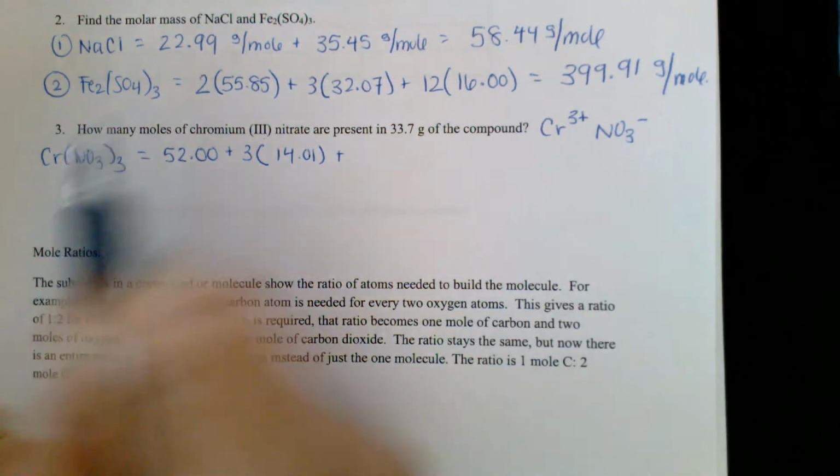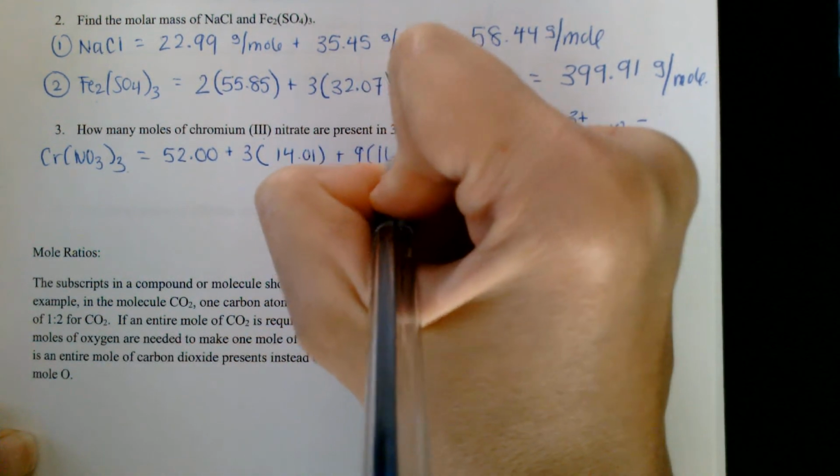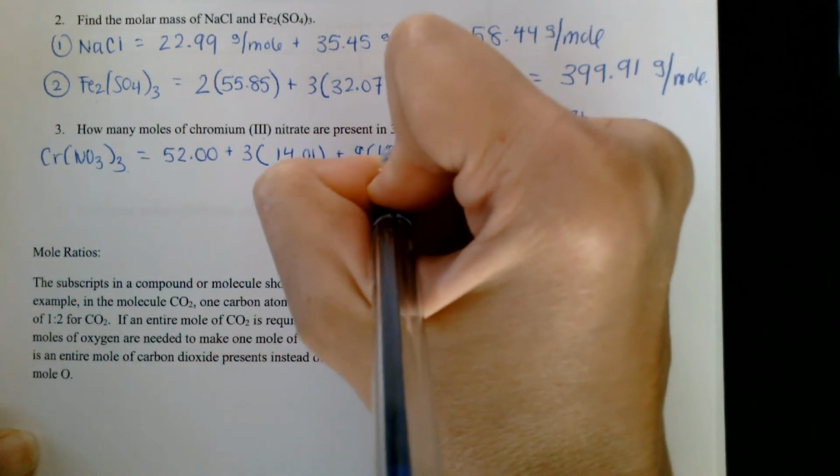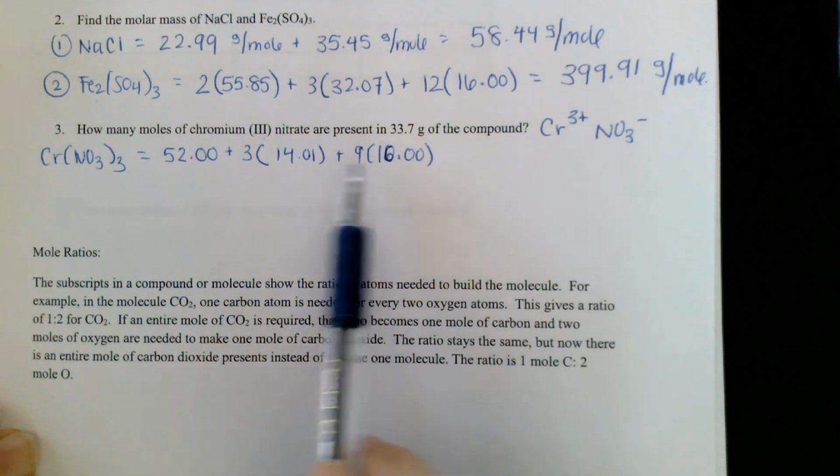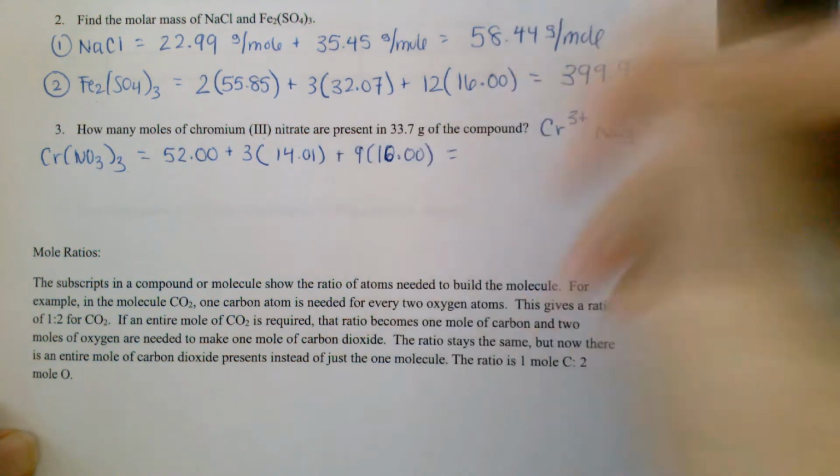And then 3 times 3 gives us 9 oxygens. Oops, that's a 3 nitrogens. And we had oxygen above at 16, so 9 times 16.